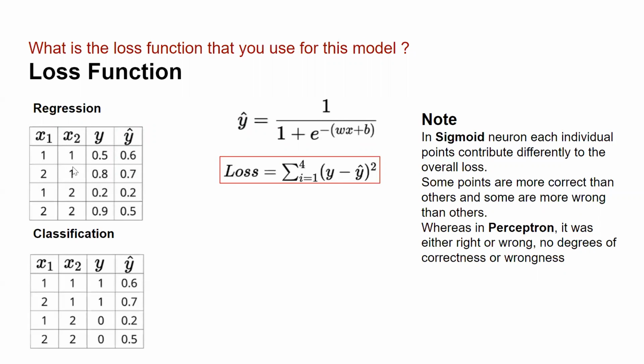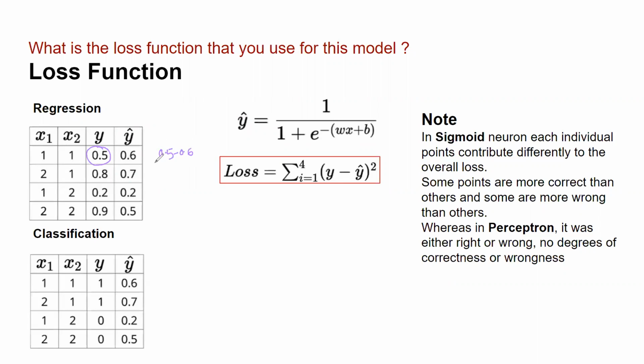If you look at this table, I have two cases, one for regression and another for classification. For regression, this was my actual target, my actual label, but what I have predicted is 0.6. So what would be my loss? My loss will be (0.5 minus 0.6) whole square.